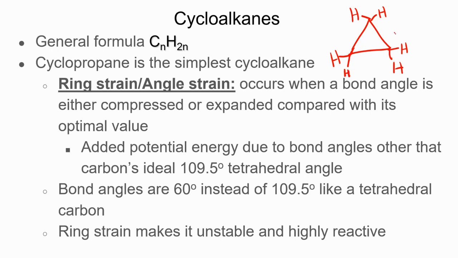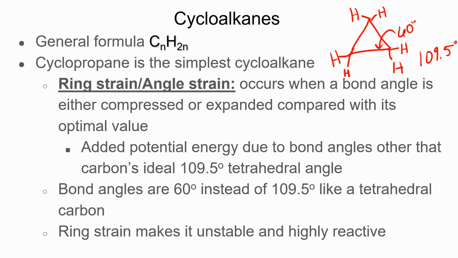In cyclopropane, these bond angles are 60 degrees. And so that's really small compared to the desired tetrahedral angle of carbon single bonds, which is 109.5 degrees. That 60-degree angle of cyclopropane is really small.